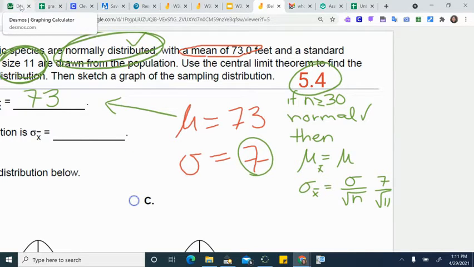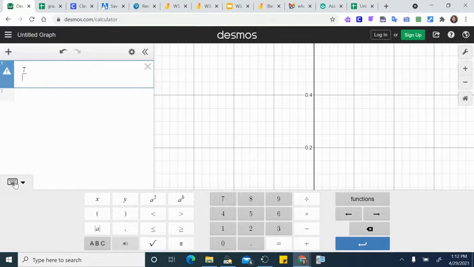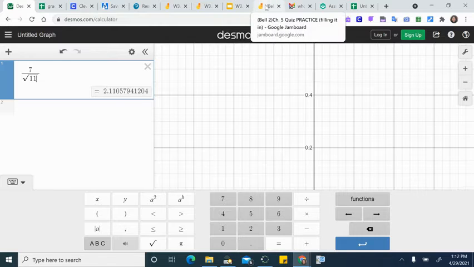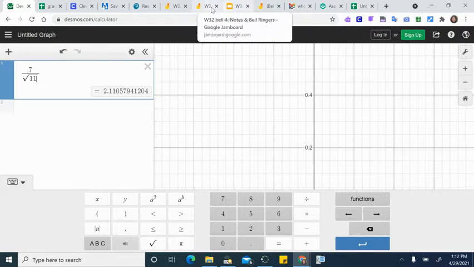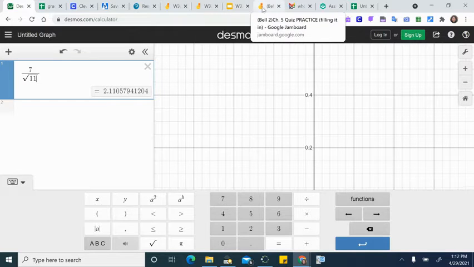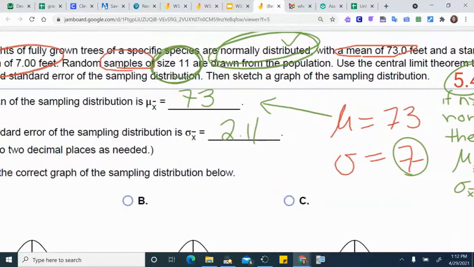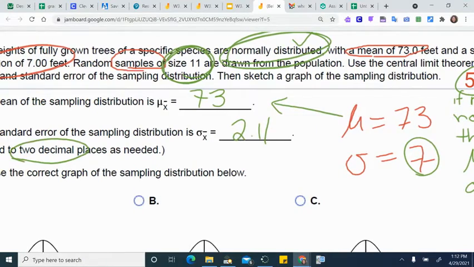So I'm going to pop that into Desmos and see what we get. 7 divided by, we use this little function here, the square root of 11. So 2.11-ish. 2 decimal places. All right.